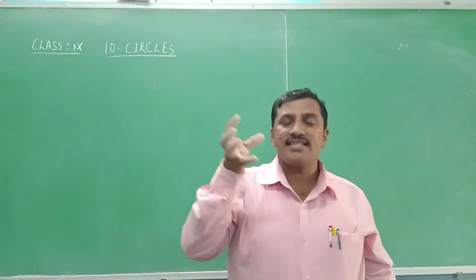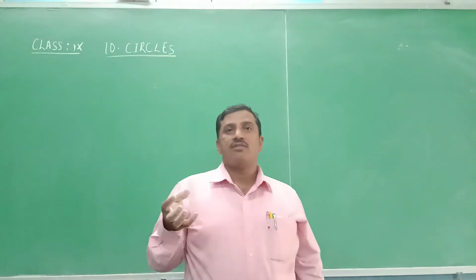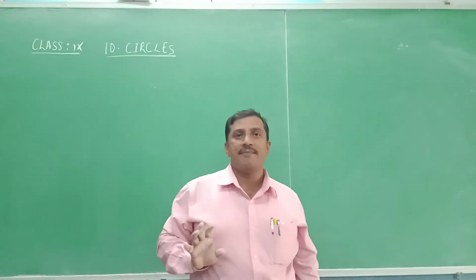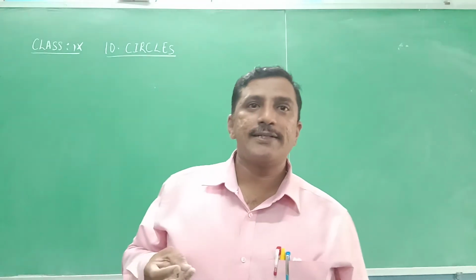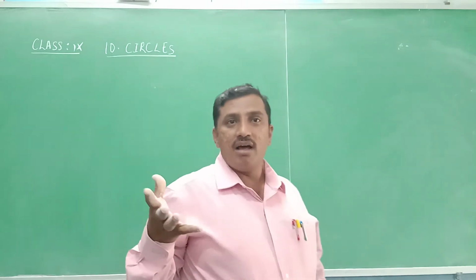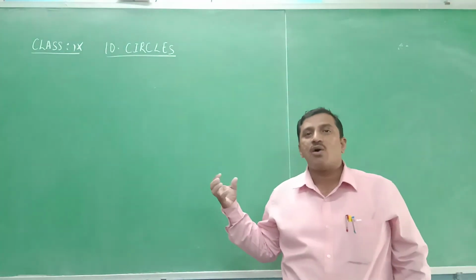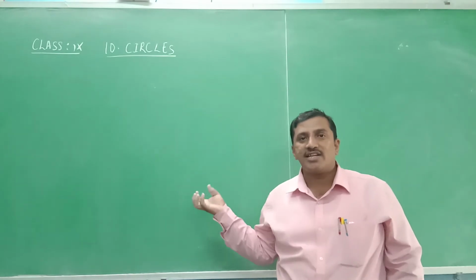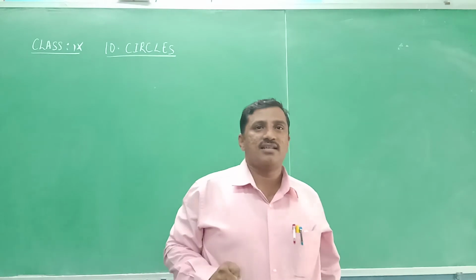First of all, what is a circle? Can you say some of the objects which are in circular shape? Yes, shirt buttons, coins, wheels, rings. These are round in shape, or circular in shape. Now what is a circle?